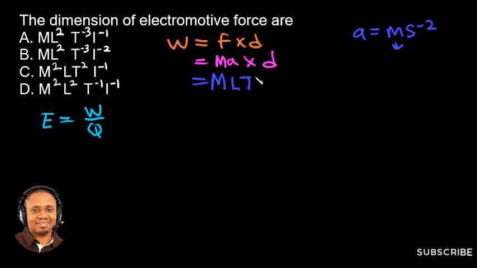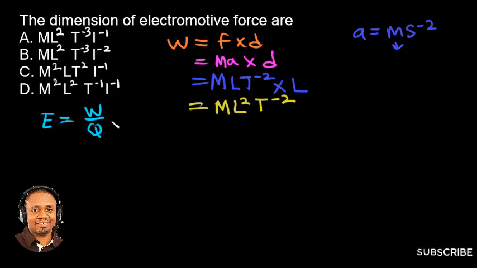So we have T raised to the power minus 2, times the dimension for displacement, which is L. Alright, good. So if we look further, we can still multiply through by L. So we have M L square T raised to the power minus 2. So we're going to input that as the dimension for work.